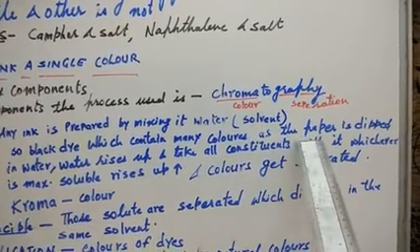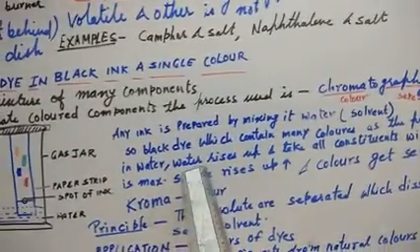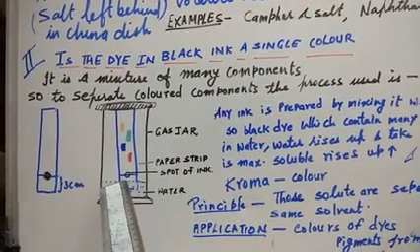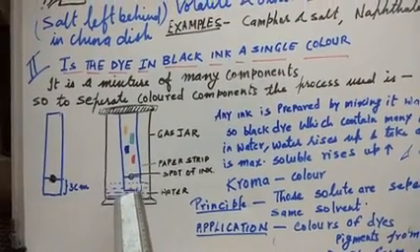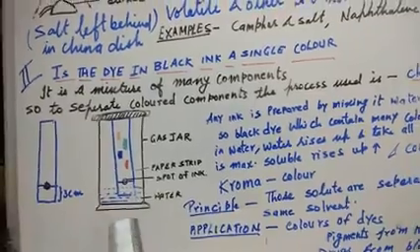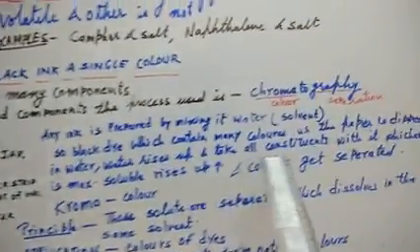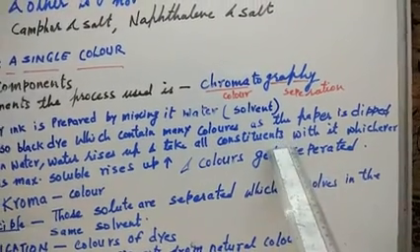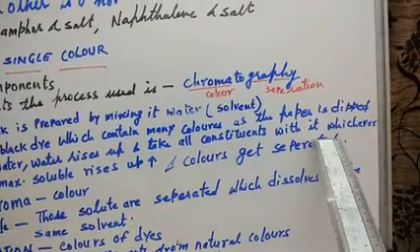As the paper is dipped in water, water rises up. We put this spot of black ink and suspend that paper in the water. Water starts rising up and takes all the constituents of black ink with it.